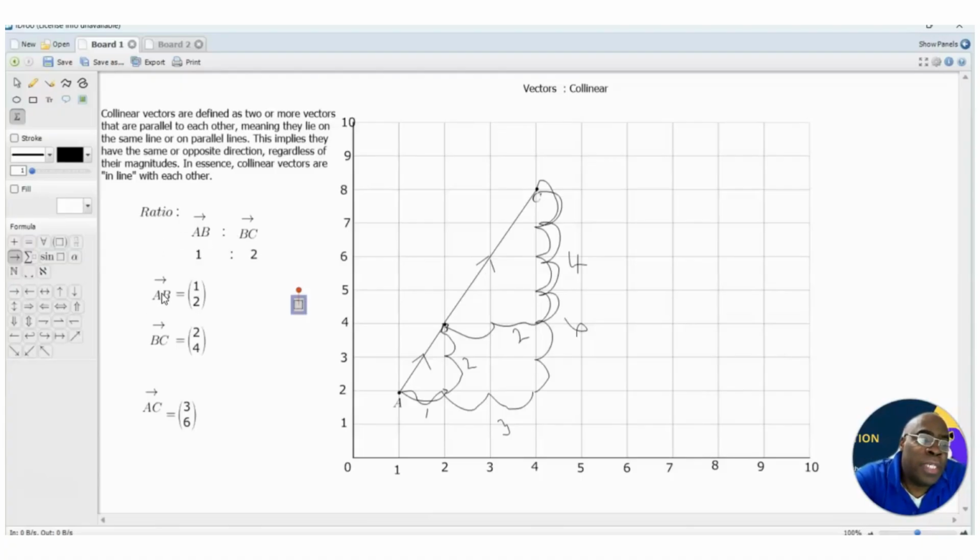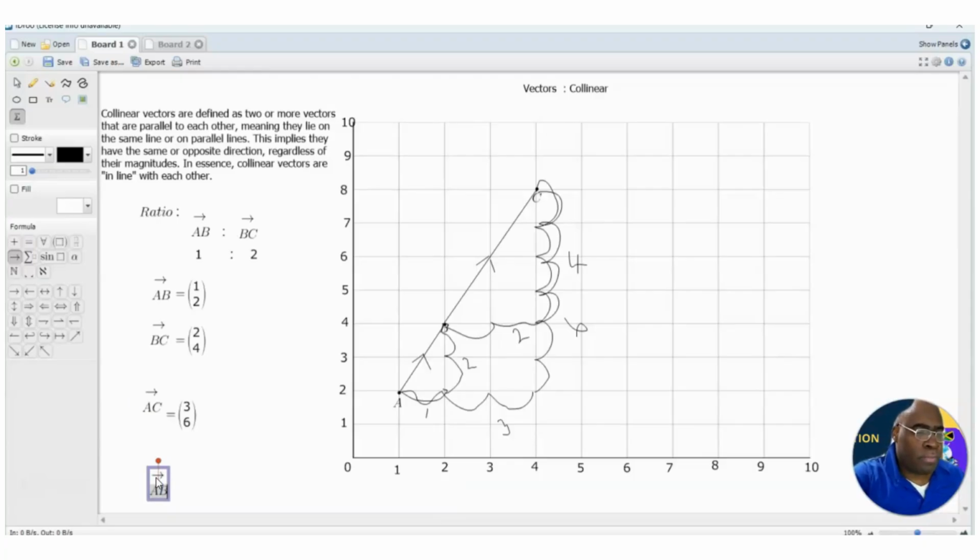Now there's also a ratio of AB to AC. You will notice that the ratio of AB to BC is this. So we're going to put the ratio here and then let out the secret.